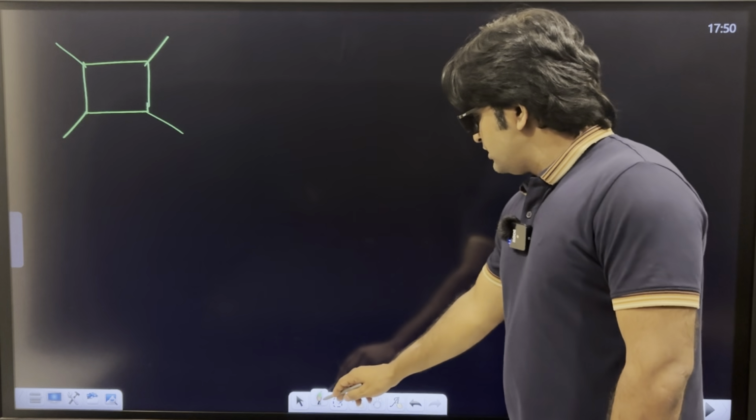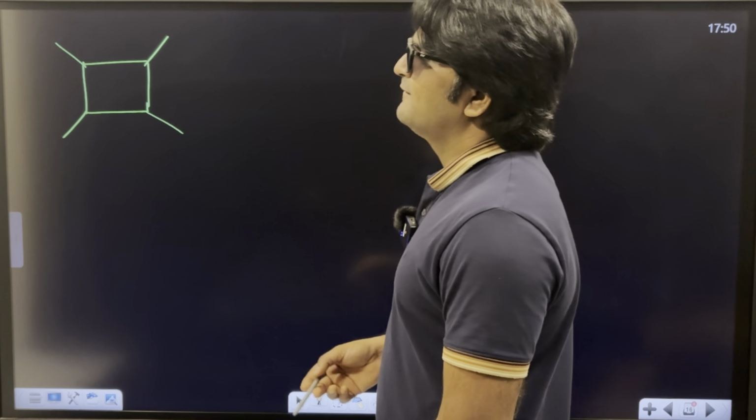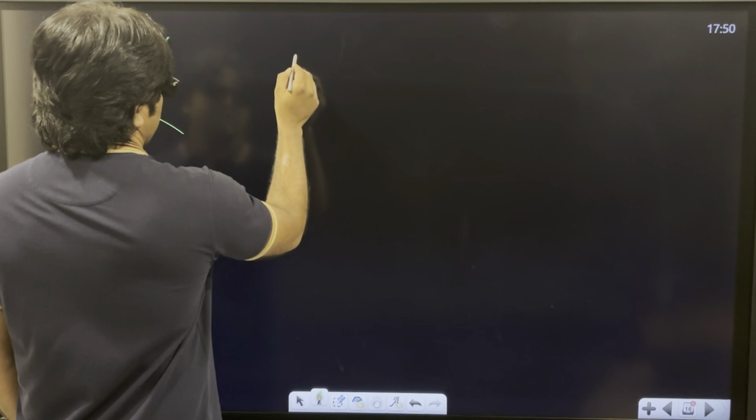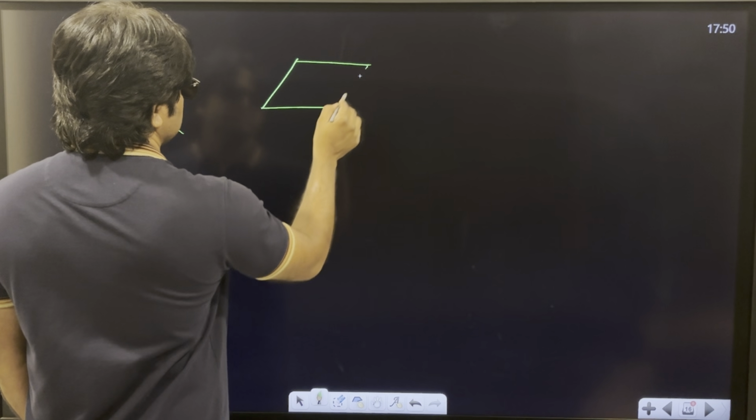Okay. So how to arrange now the methyl groups on the given 4-member ring system? Just I am taking like this. Diagonally I am writing the bonds.